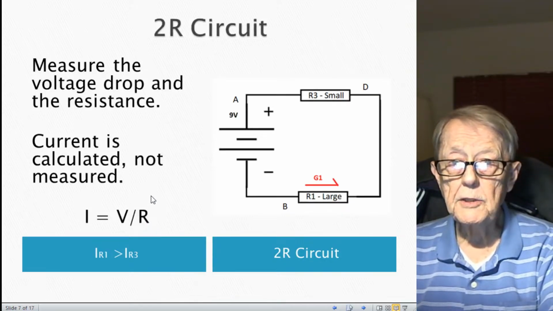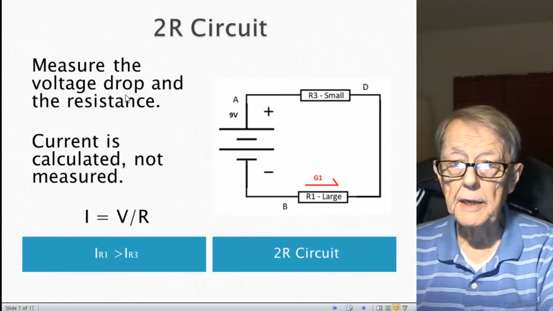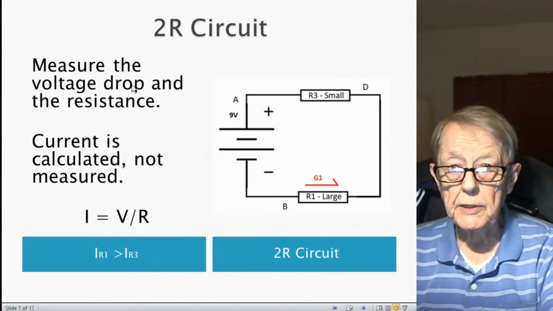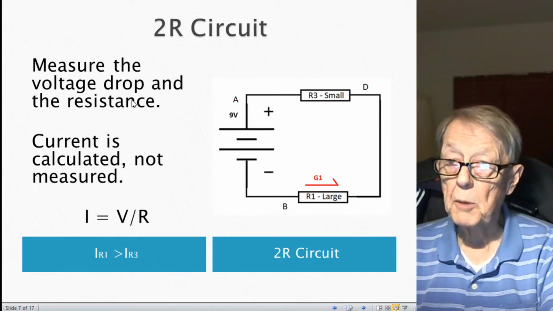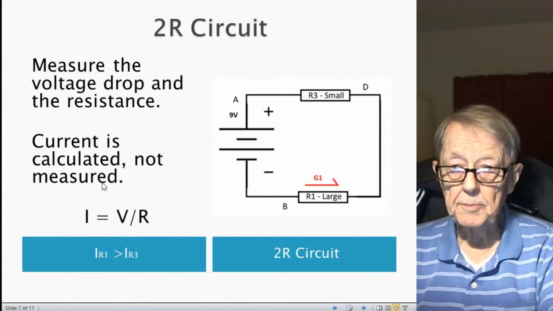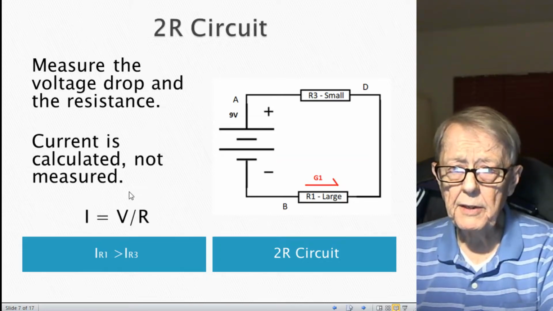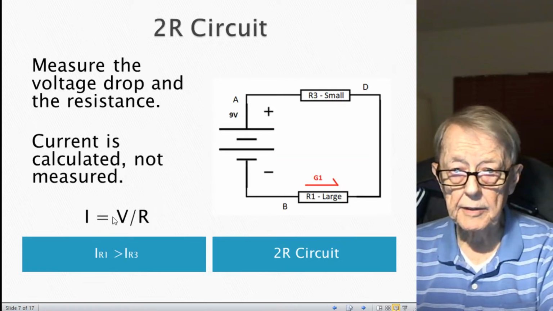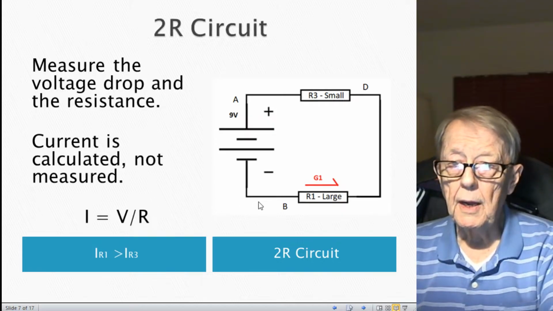Okay, so here's the 2-resistor circuit, and you measure the voltage drop and the resistance. Those are measured values. Current is not measured, it's calculated volts over R. I mean, that's Ohm's law.